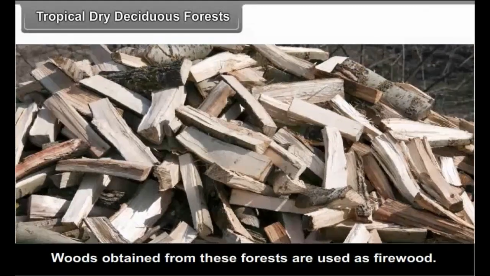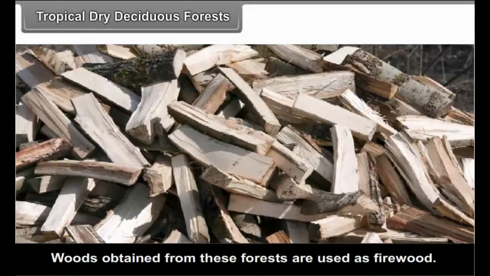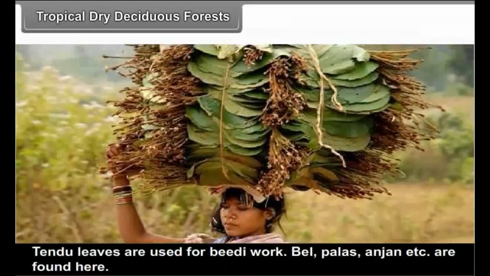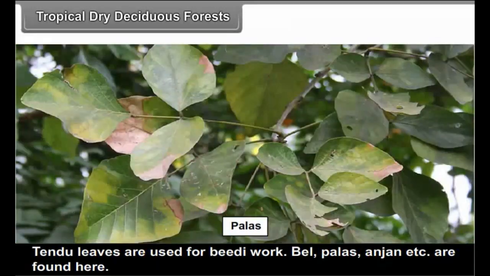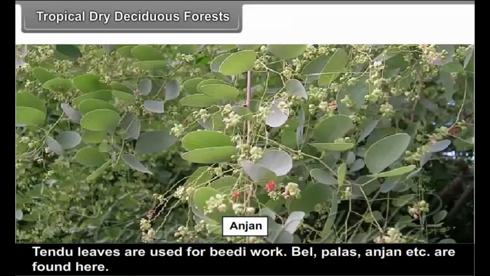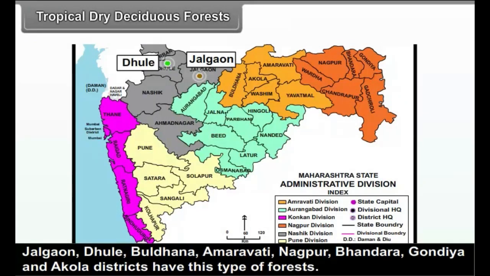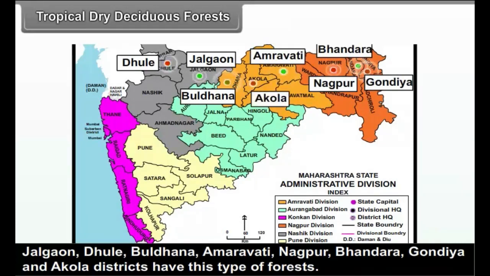Woods obtained from these forests are used as firewood. Tendu leaves are used for beadwork. Bel, palas, anjan, etc. are found here. Jalgaon, Dhule, Buldhana, Amravati, Nagpur, Bhandara, Gondia and Akola districts have this type of forests.